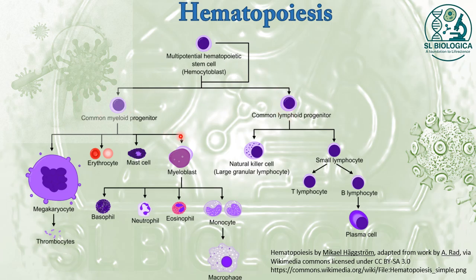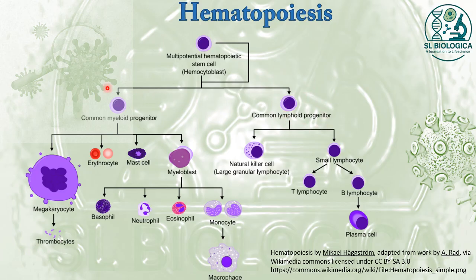One is the common myeloid pathway and the other is the common lymphoid pathway. The myeloid pathway is initiated by the common myeloid progenitor cell, and the lymphoid pathway is headed by the common lymphoid progenitor cell. So this hematopoietic stem cell differentiates into two different progenitors, the myeloid progenitor and the lymphoid progenitor.